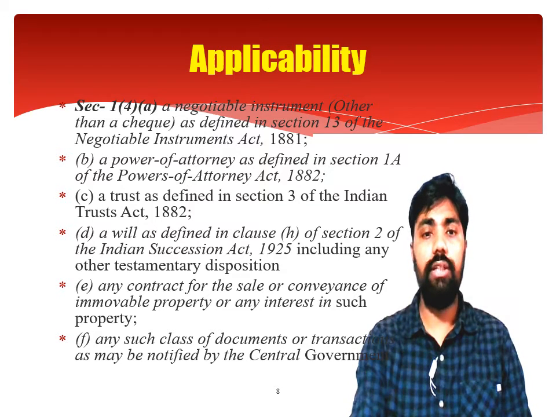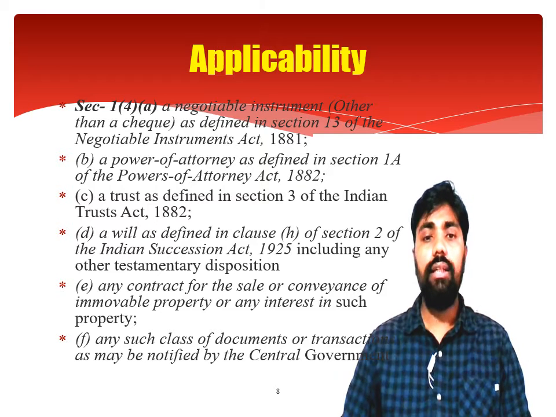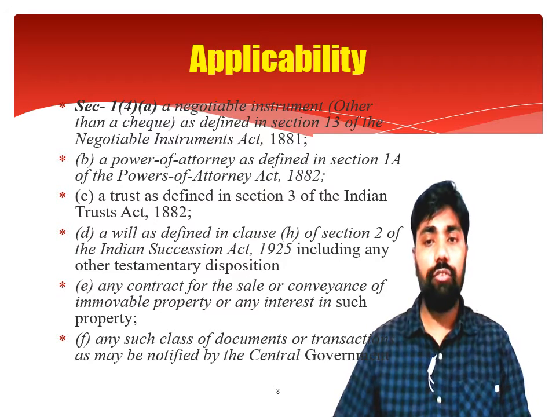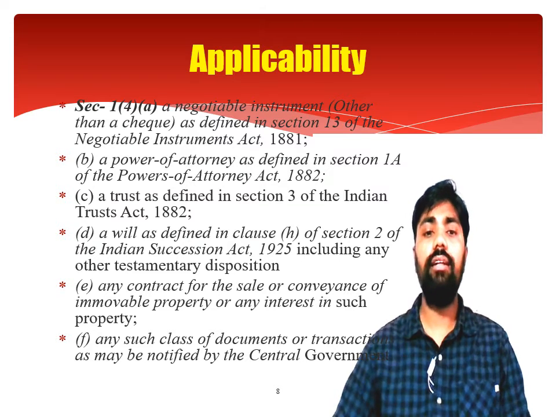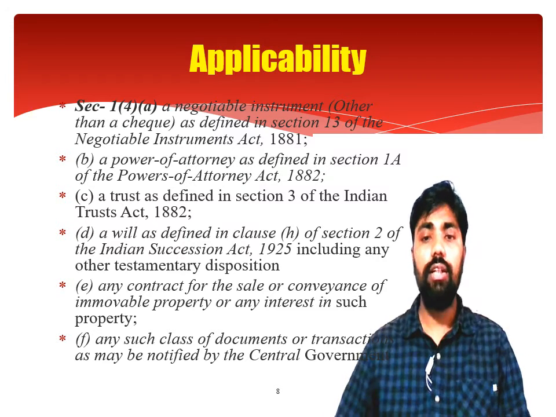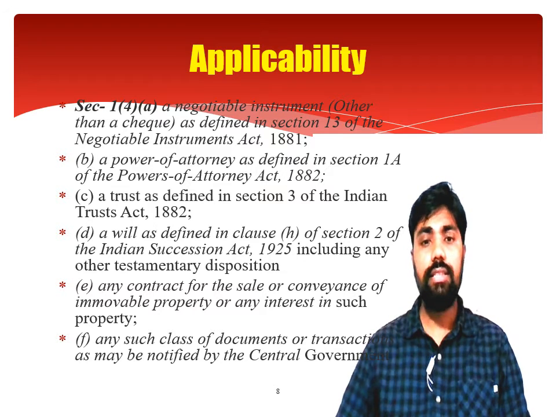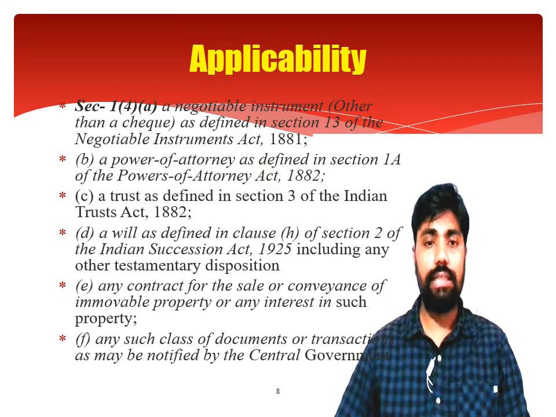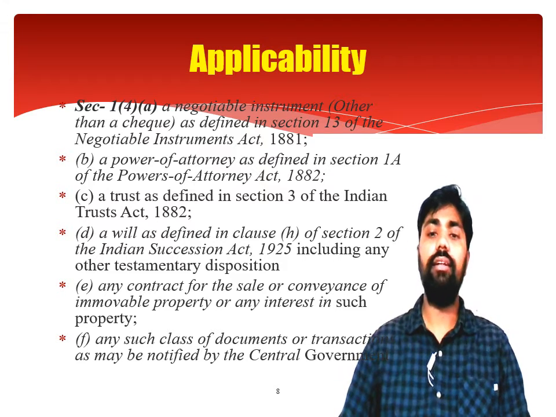So if anybody is selling his property, then the Information Technology Act would not be applicable. Rather, there would be physical communication or physical transaction of the document, or any such class of document or transaction as may be notified by the Central Government.